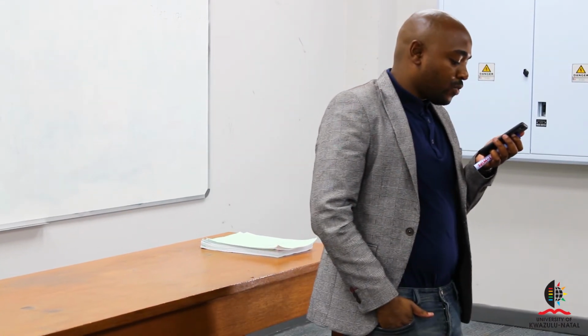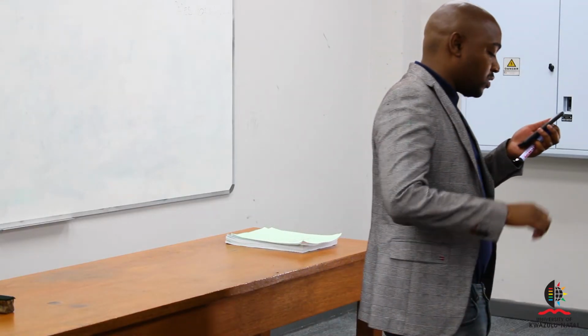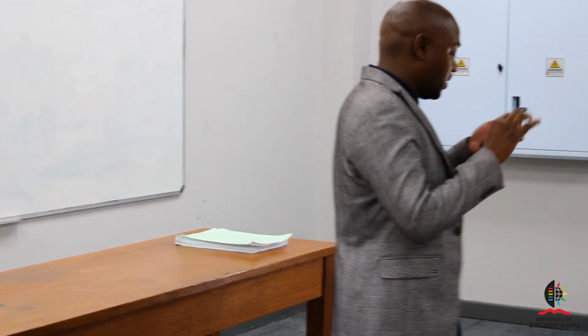Okay, so what is the statement? Due to the electricity supply problems, it is important to pay attention to the amount of electricity we're using. The electricity provider claims, right? The electricity provider claims that the average annual kilowatts usage of residential customers is this, and the standard deviation is this.